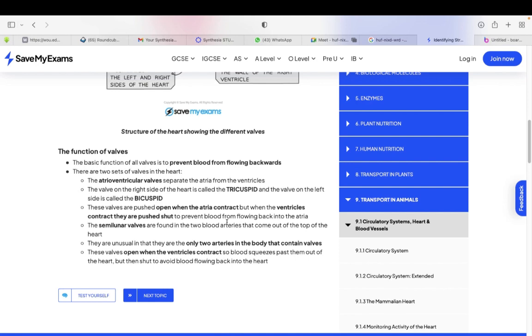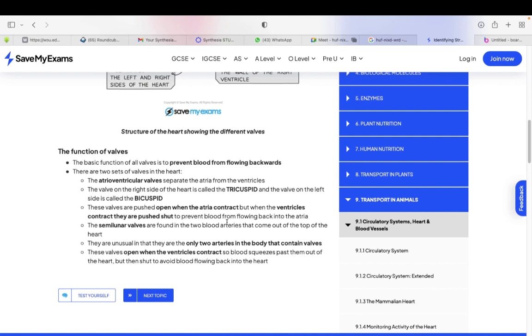So the bicuspid valve separates the left atrium from the left ventricle. And the tricuspid valve separates the right atrium from the right ventricle.